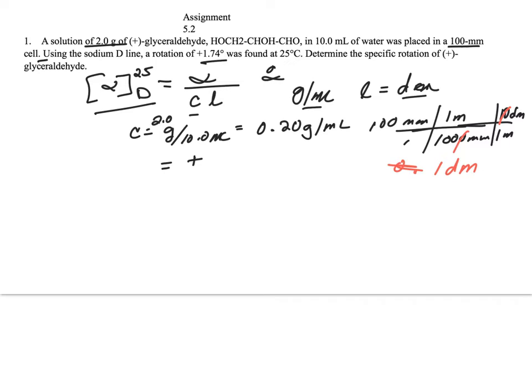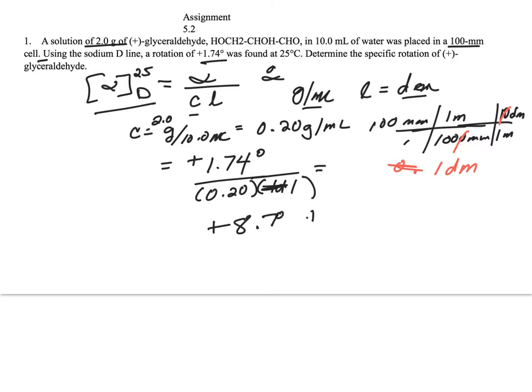It rotates that light, this enantiomer, by a positive, a clockwise, not counterclockwise, clockwise, 1.74 degrees, and then we do 0.20 times 1 decimeter, and you know what, you don't even put the units in, and that works out to be positive 8.7 degrees for plus glyceraldehyde. And that is your specific rotation.